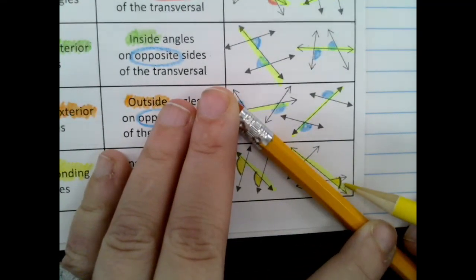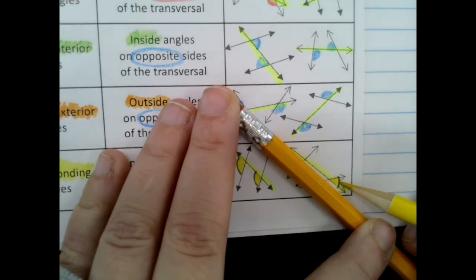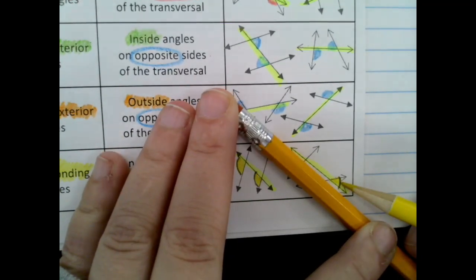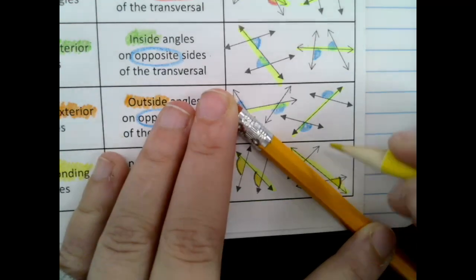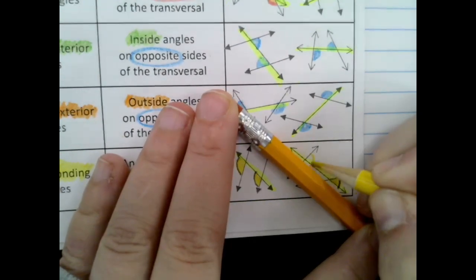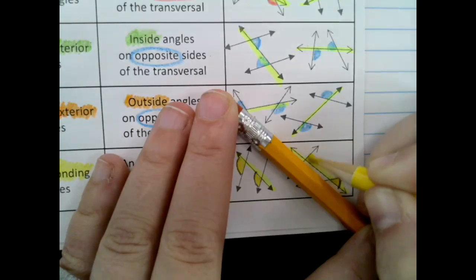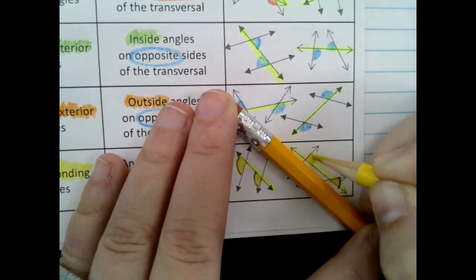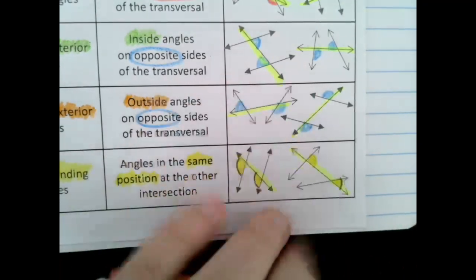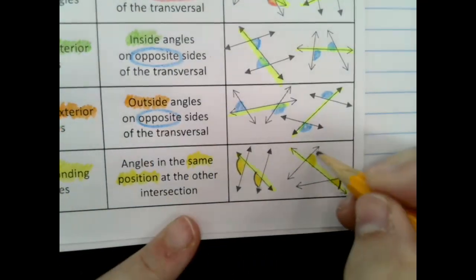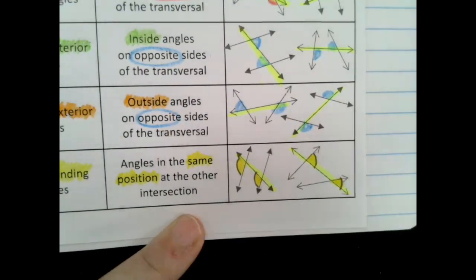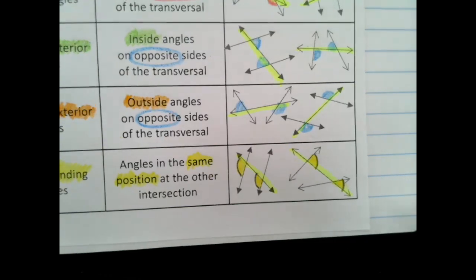And is this one interior or exterior? This one's exterior. So then I want an interior. I want one of each. So we're looking on the same side of that transversal. One interior, one exterior. Okay, same position.